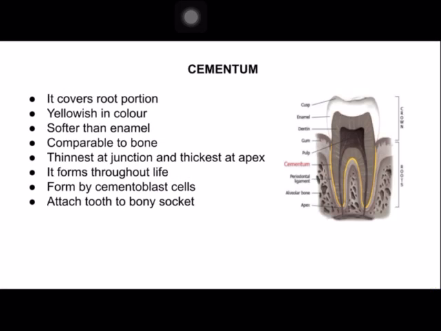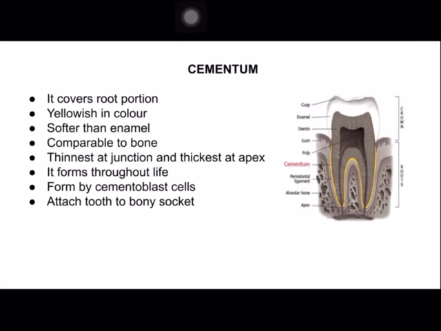Cementum covers the root portion, like the crown is covered with enamel. Here root is covered with cementum, yellowish in color, softer than enamel, with hardness comparable to bone. It is thinnest at the cemento-enamel junction and thickest at the apex of the root.